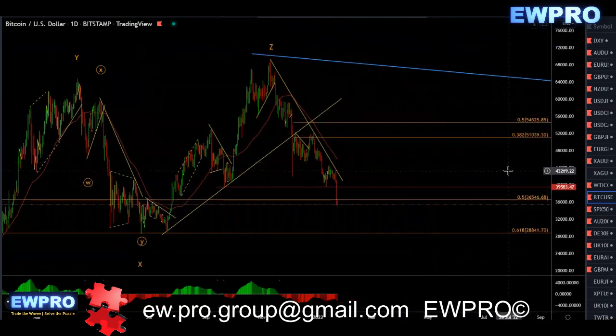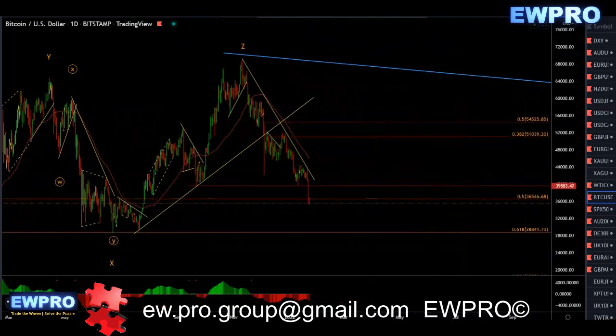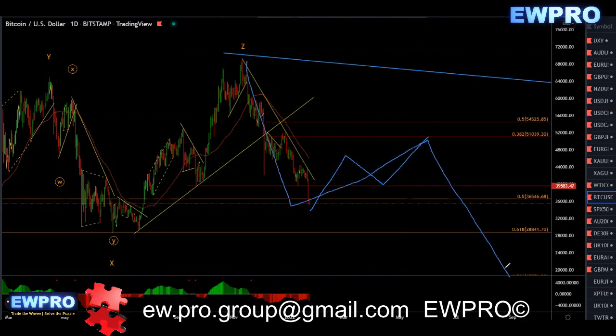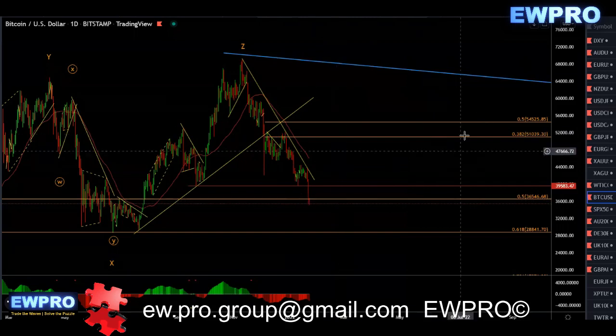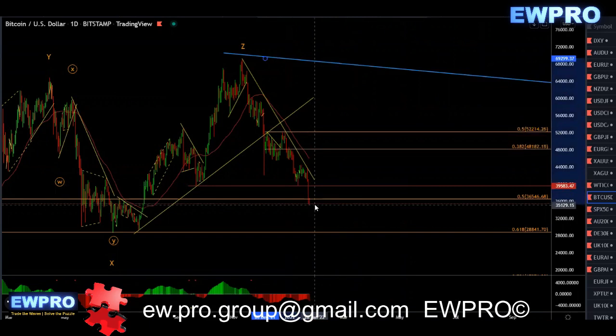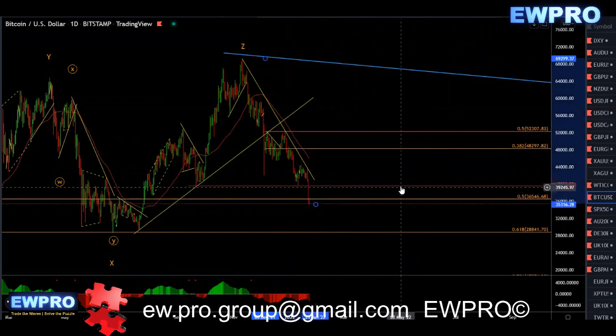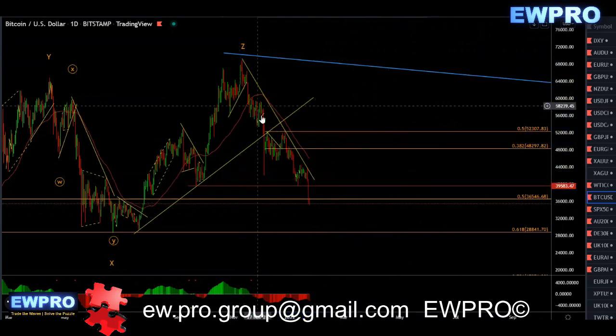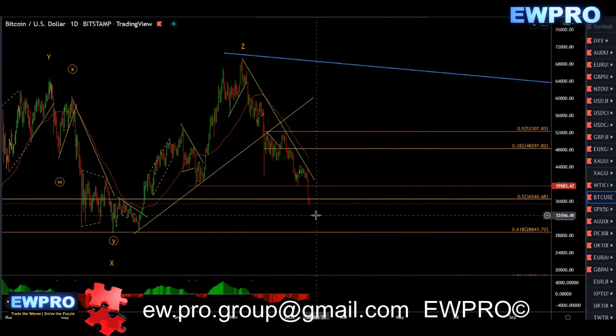Whether you want to wait for the larger correction, wherever we get a B wave, like an A, B, C on the daily, we'll be looking for a larger correction now, back to the 50 fib.